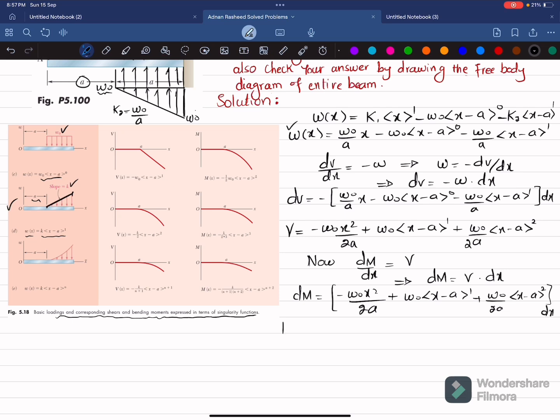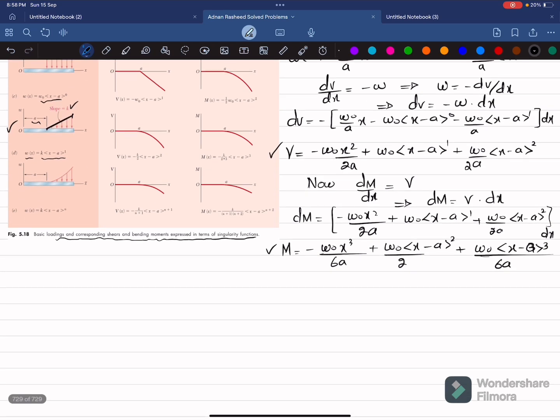So if you integrate it, you will get the moment, and moment will be minus W naught x cube over 6A plus W naught into x minus A power 2 divided by 2 plus W naught into x minus A power 3 divided by 6A. So this is the shear force equation and this is the bending moment equation.